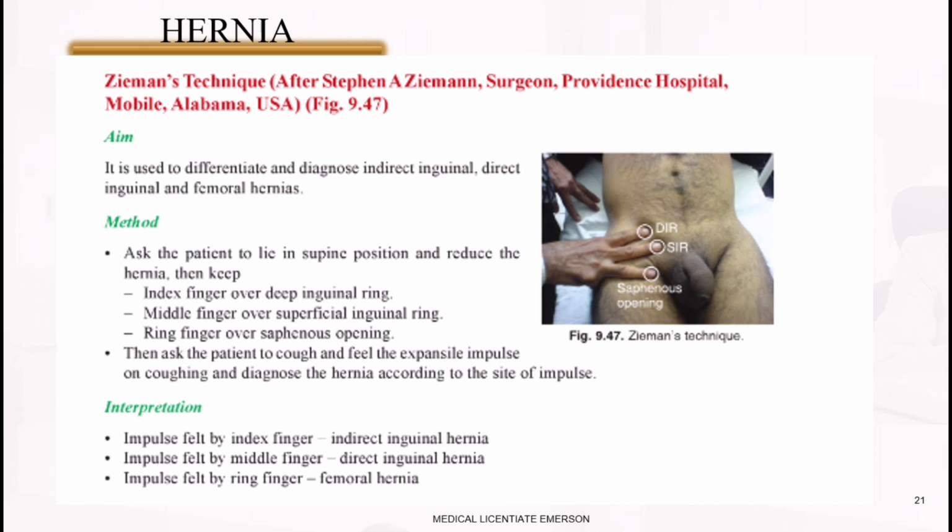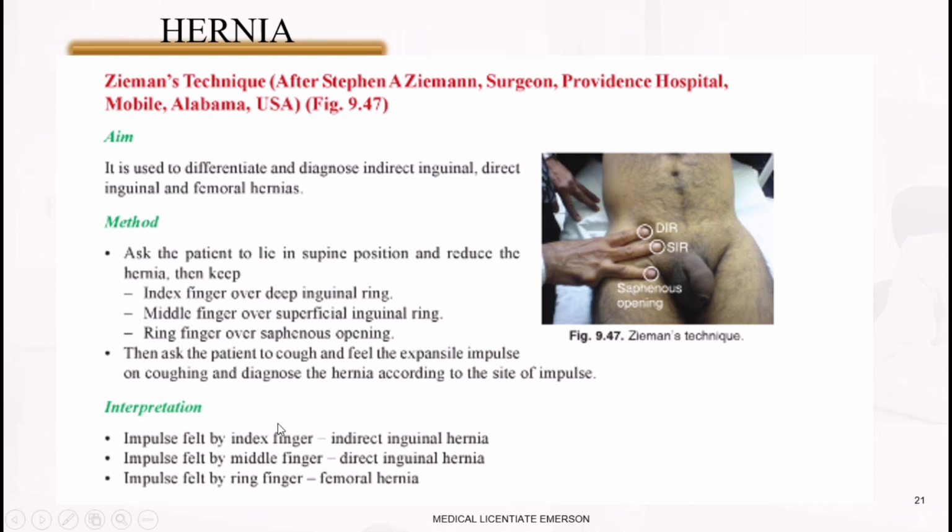So you have to reduce it, and then you keep the index finger over the deep inguinal ring, your middle finger over the superficial inguinal ring, and the ring finger over the saphenous opening. So as you've seen in the image, DIR, SIR, and saphenous opening. Then you ask the patient to cough and feel the expansile impulse on coughing and diagnose the hernia according to the site of impulse.